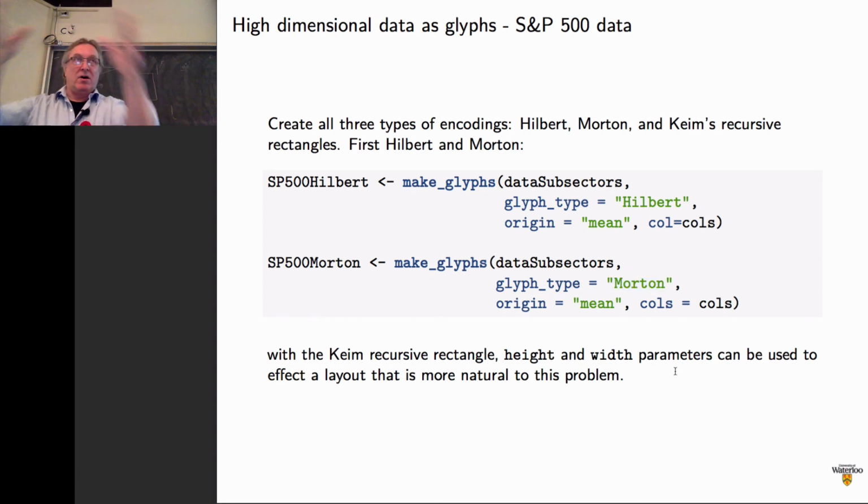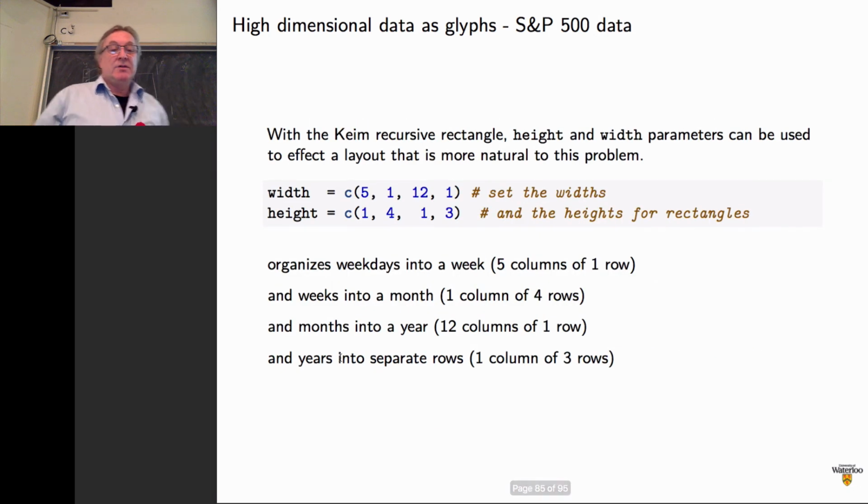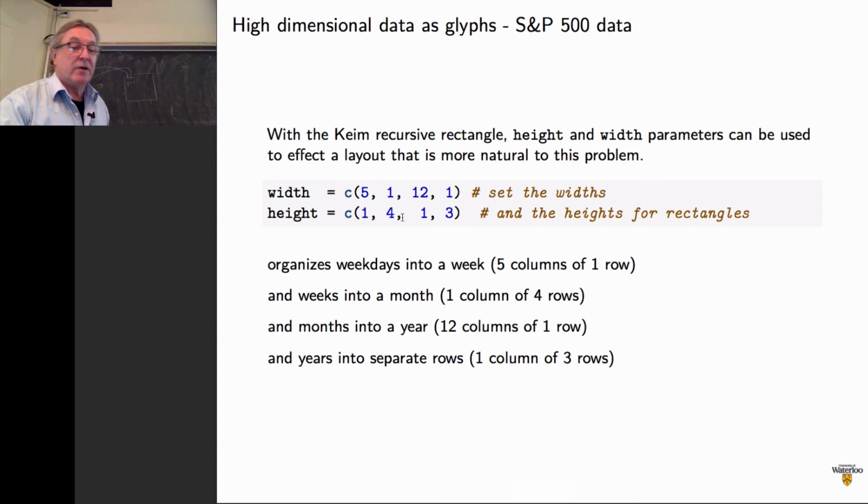That'll be based on trying to fill out as much of that square as possible. With the Kime, the recursive rectangles, those height and width parameters can be used in a natural way for this data. In particular, I can use this width vector and this height vector. And what does that mean? Well, I want you to look at the columns: 5 by 1, 1 by 4, 12 by 1, 1 by 3.